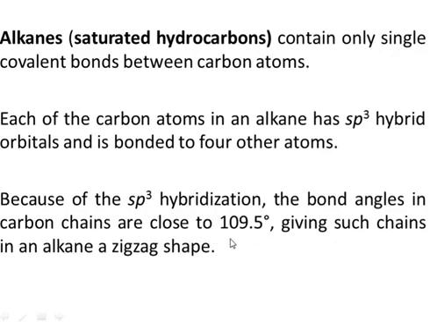The angle strain in cyclopropane and cyclobutane causes the bond angle to be reduced to a larger extent, right? For the same reason, these cycloalkanes are highly unstable, right? Otherwise, in all other cycloalkanes and in alkanes, the bond angle is close to 109.5, which is the ideal angle for sp3 hybridization.